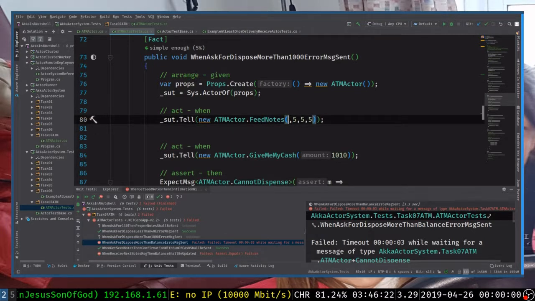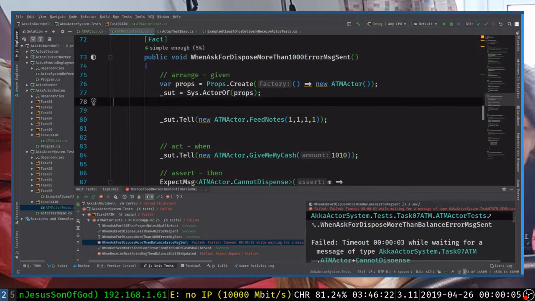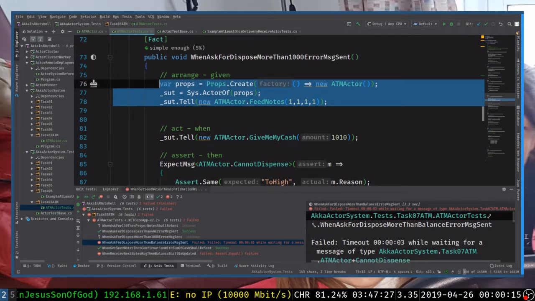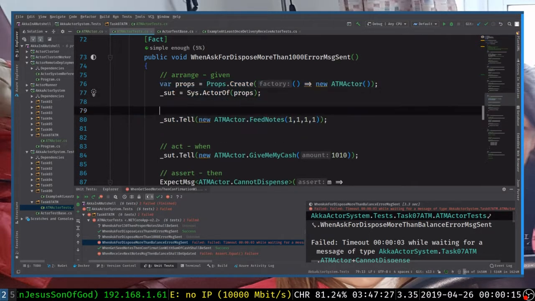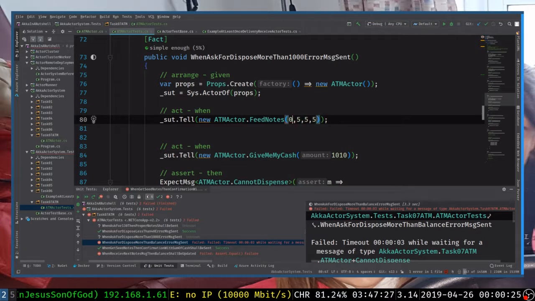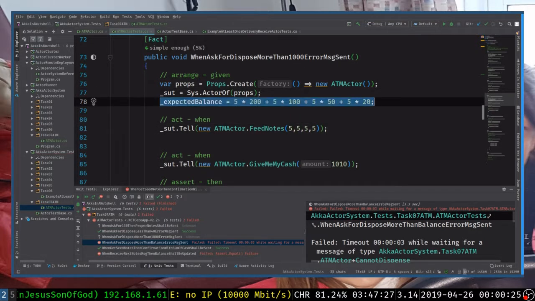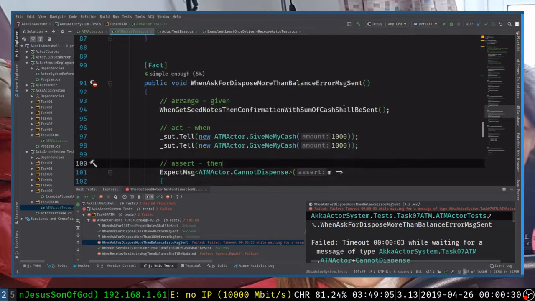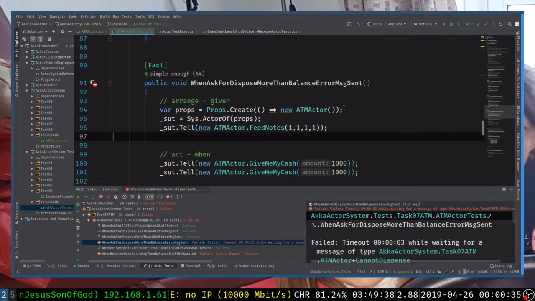We'll fit him with only one notes. Okay. Uh-oh. We are not in the proper place. Now we are in proper place.